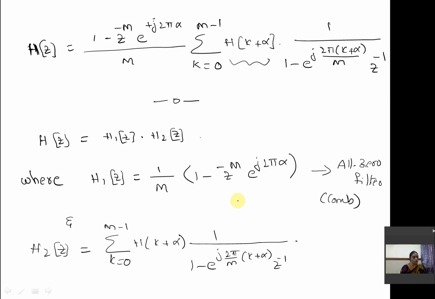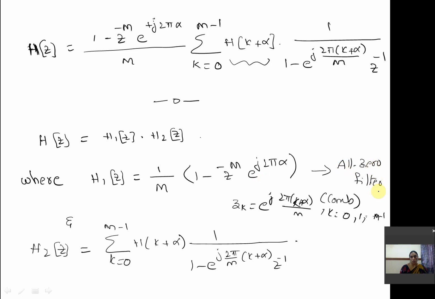Here z_k is equal to e^{j2π(k+α)/M}, where k is equal to 0, 1 and so on, M minus 1. This is also called a comb filter.